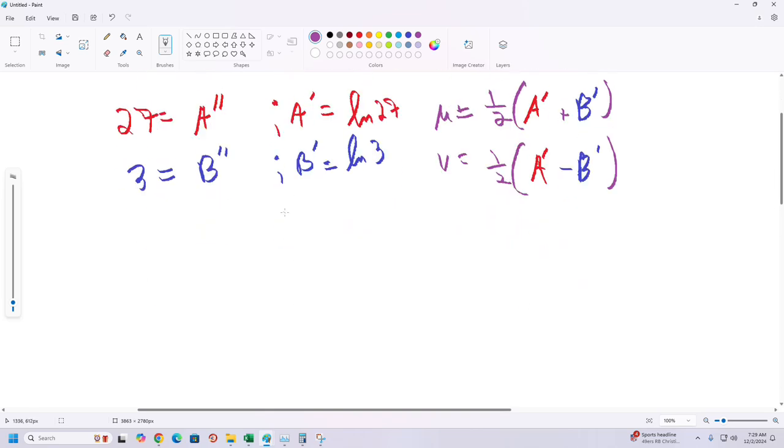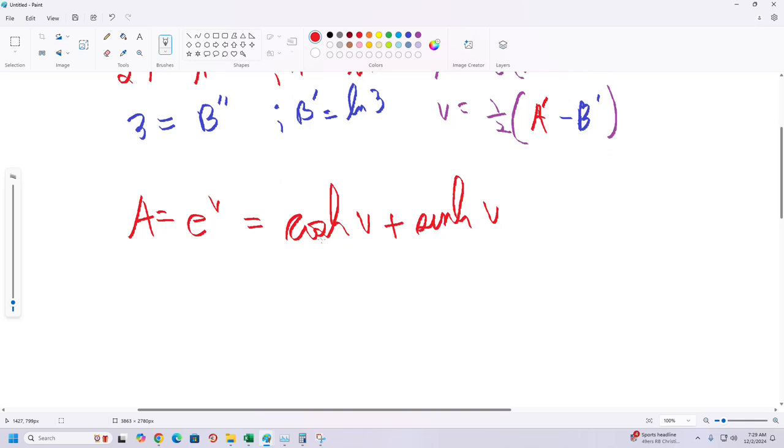Which means that a is equal to e to the positive v, which is cosh v plus sinh v. B is e to the negative v, which is, after simplification, cosh v minus sinh v.